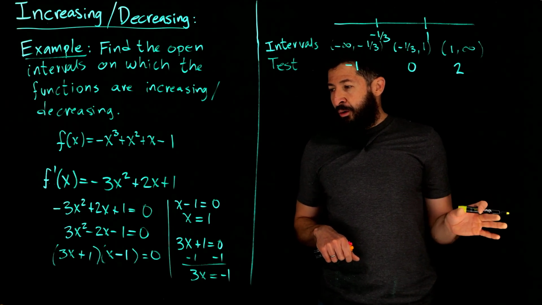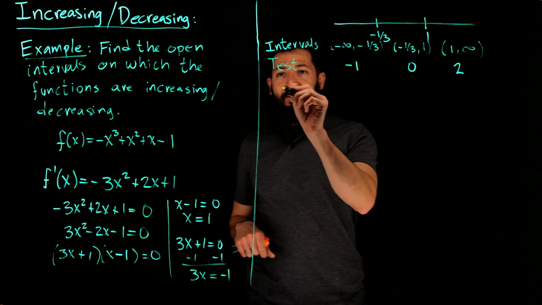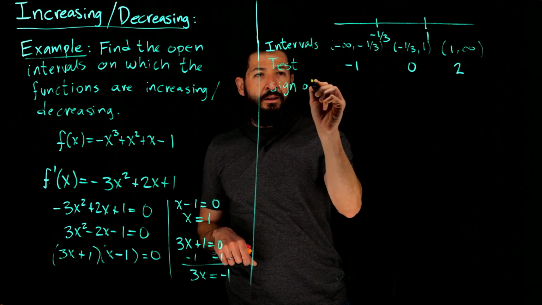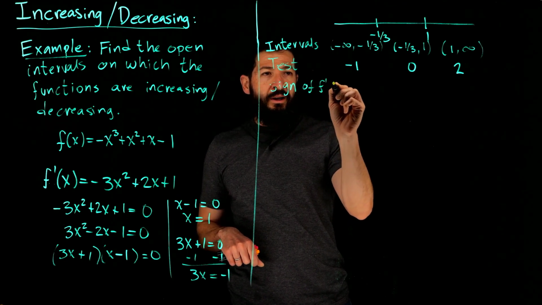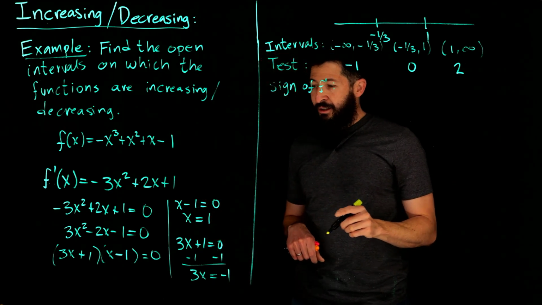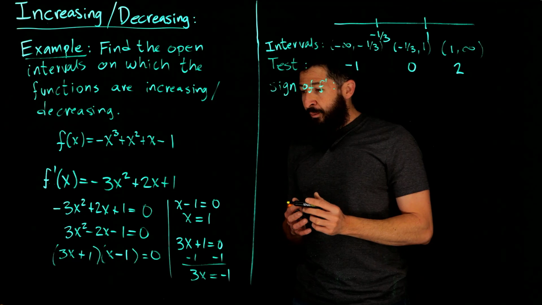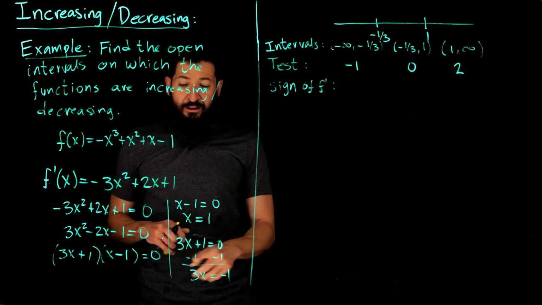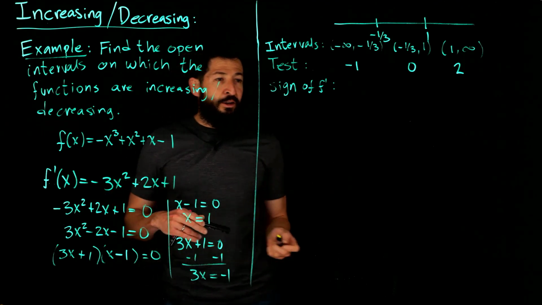So let's go ahead and evaluate the sign of the derivative. By the way, remember, you're evaluating the derivative, not the function. That happens as well. So this evaluation happens to be easier on this form. Why?